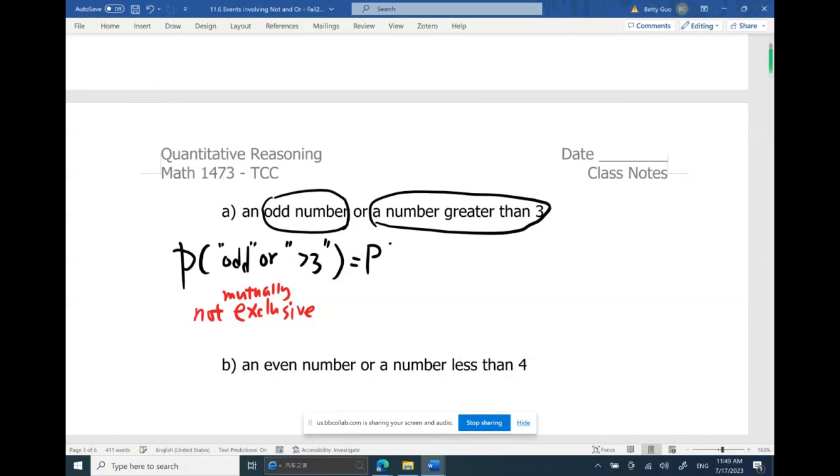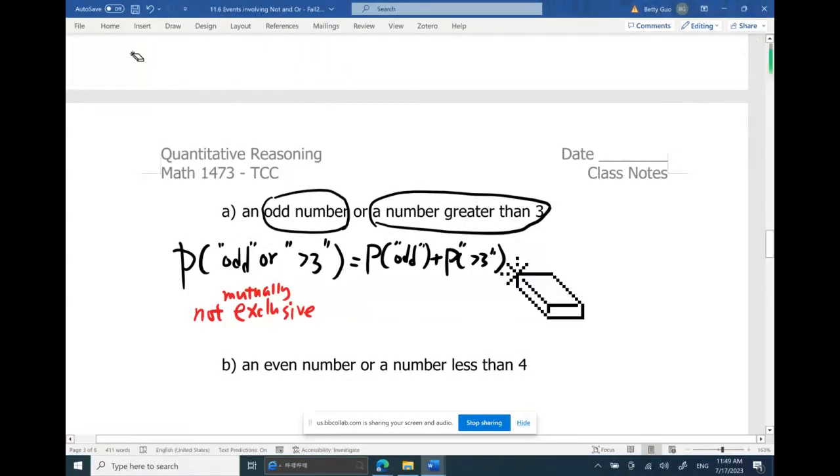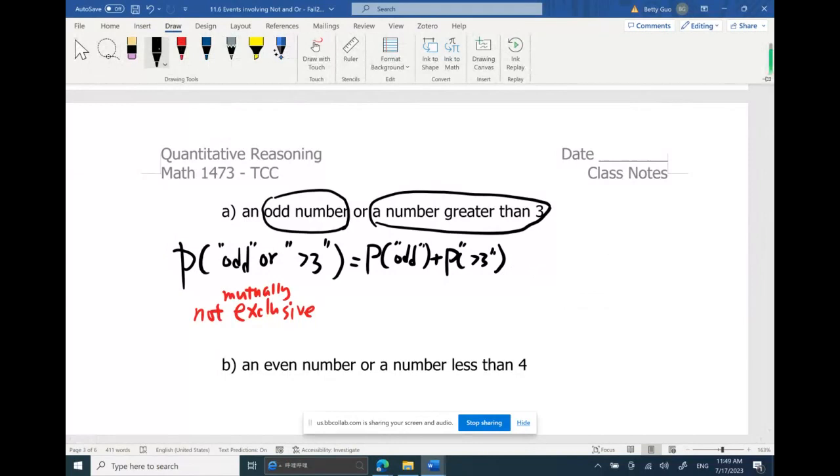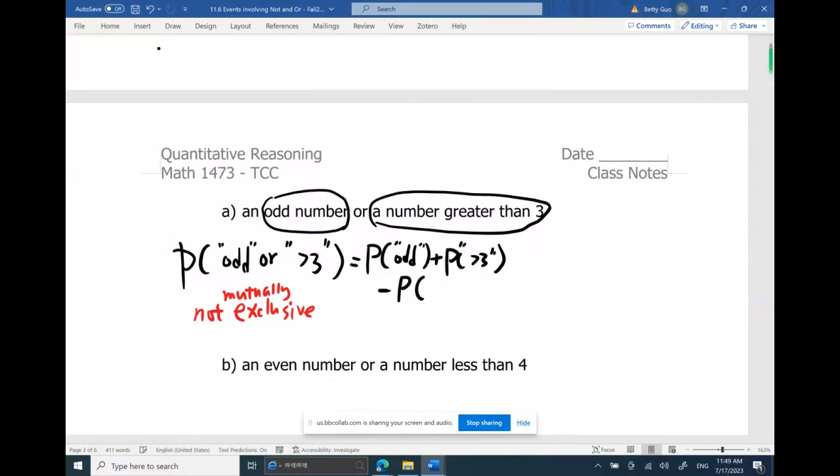So we have P of odd plus P of greater than 3 minus P of odd and greater than 3. Sorry about that, part of my board cannot be used right here. So that's my notation. I think it's pretty clear to me.